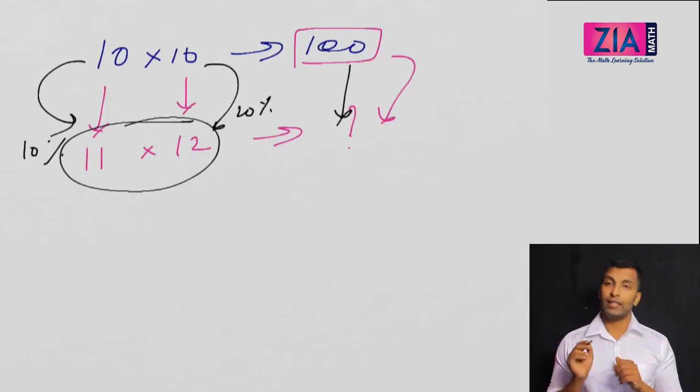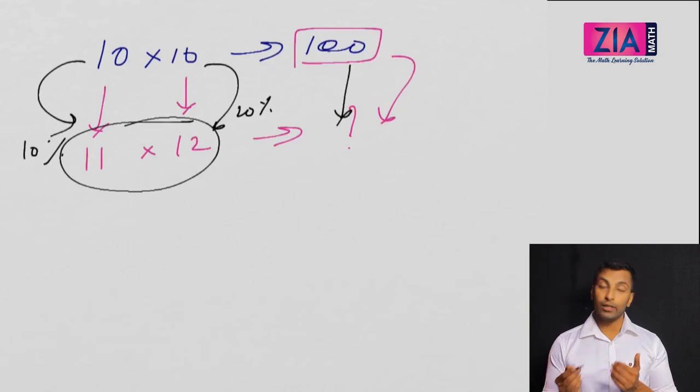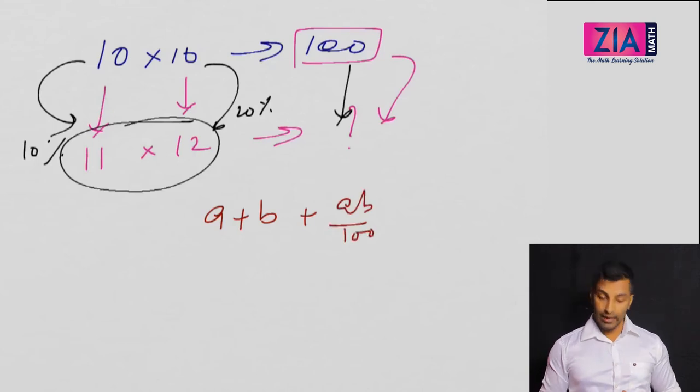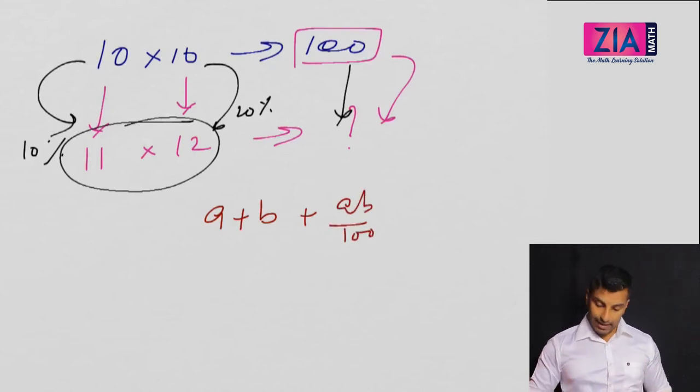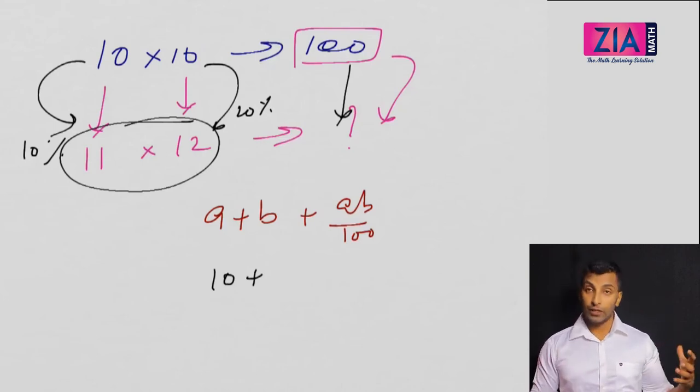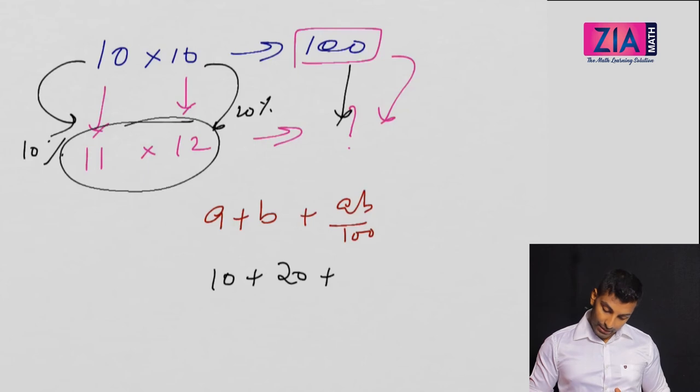See, most of the textbooks and most of the coaching institutes will tell you there is a formula like A plus B plus AB by 100, right? So if you apply that, 10 is the first percentage increase, then 20 plus 10 into 20 by 100.